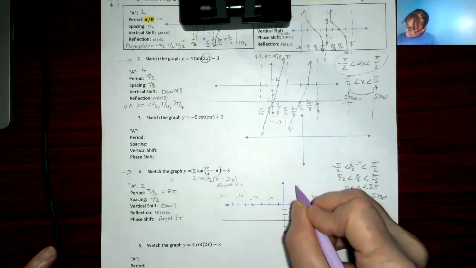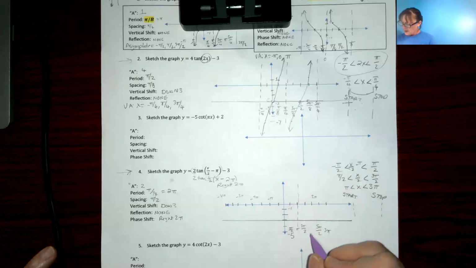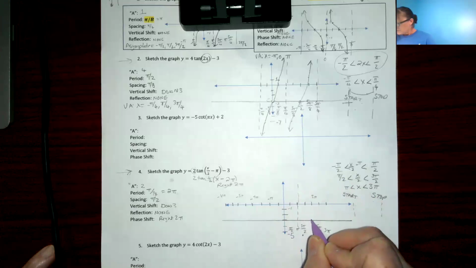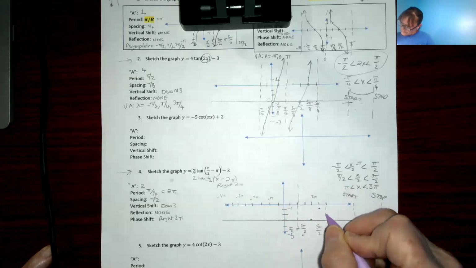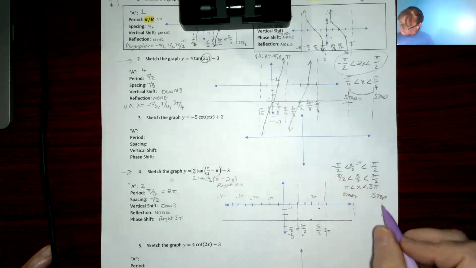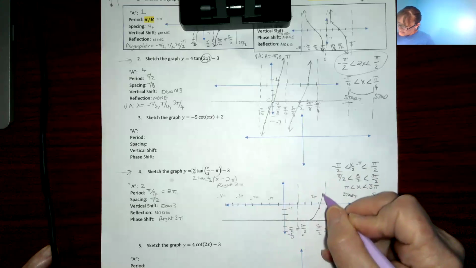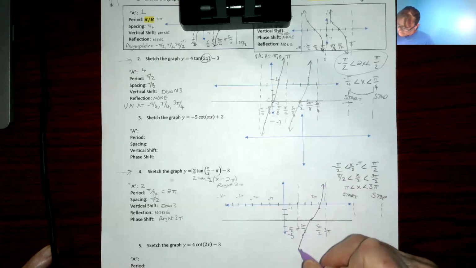Start at pi, asymptote. Then we go low. How low? Down to negative 5. Middle. High. Up at negative 1. Asymptote at 3 pi. That's what we said to do. So this is one good cycle of my tangent graph.